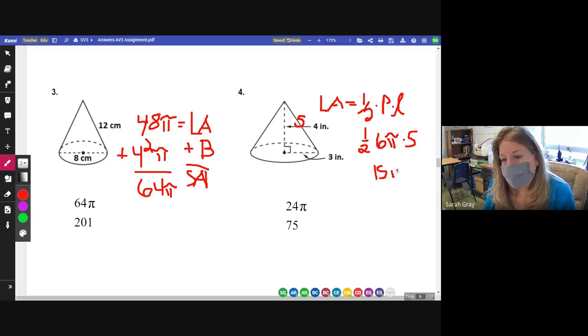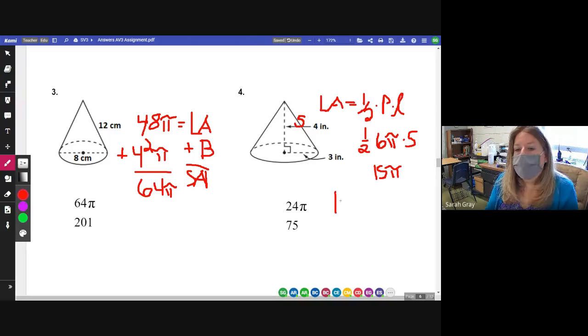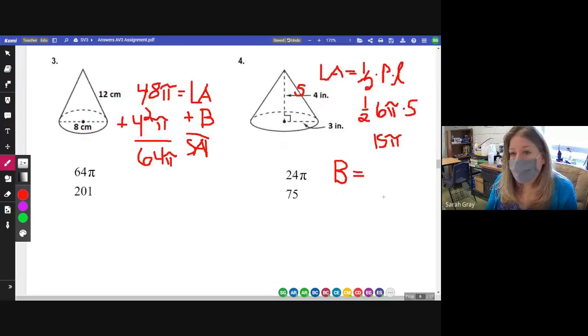So my lateral area is 15 pi. Add in the area of the base, pi r squared. So that's 9 pi. And then those two added together, lateral area plus base, is how I got the 24 pi.